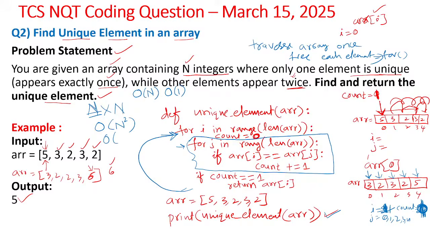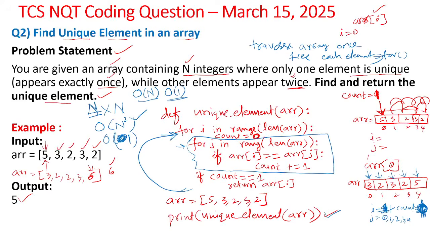If you use another array, then we can say it is taking additional space of n, but it is not taking any additional space here. So the space complexity of this algorithm is order of 1, but the time complexity is order of n square, which is not suggestible. Order of n and order of 1 is suggestible.